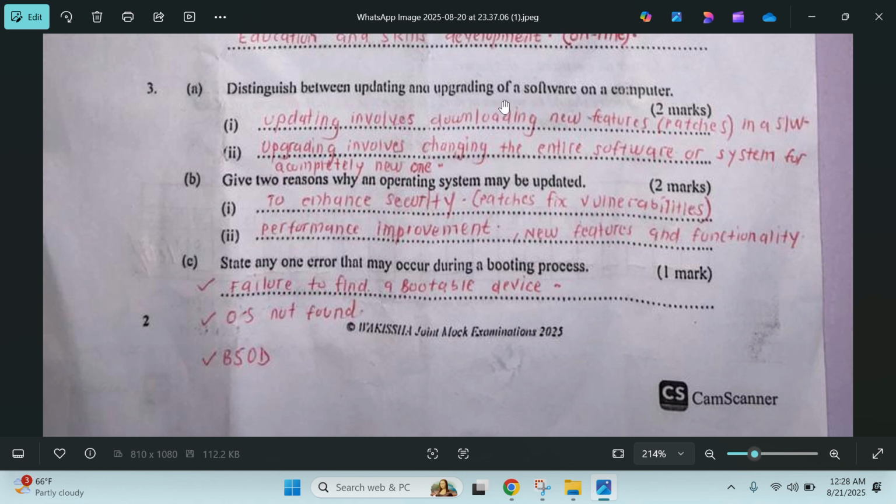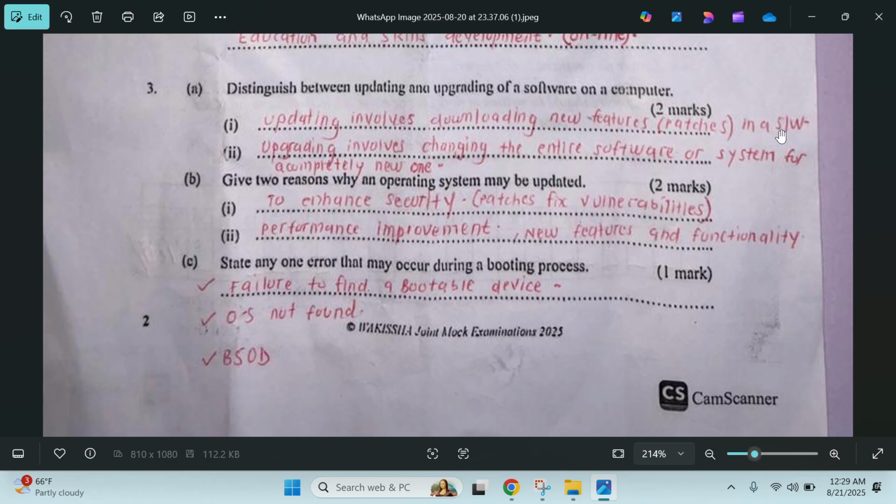I started with updating, and I said that updating involves downloading new features or patches in a software. When a software is updated, it means there are new features that have been added in that software. There are new patches.